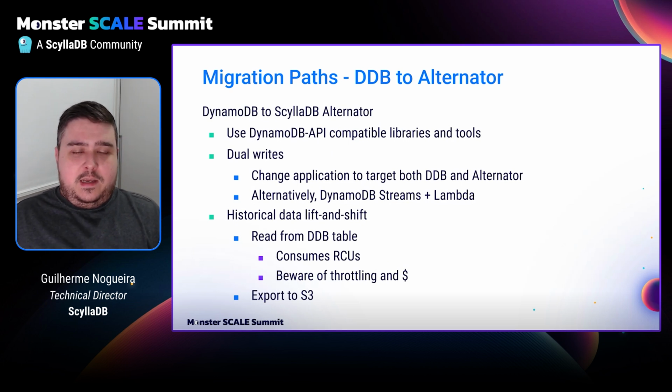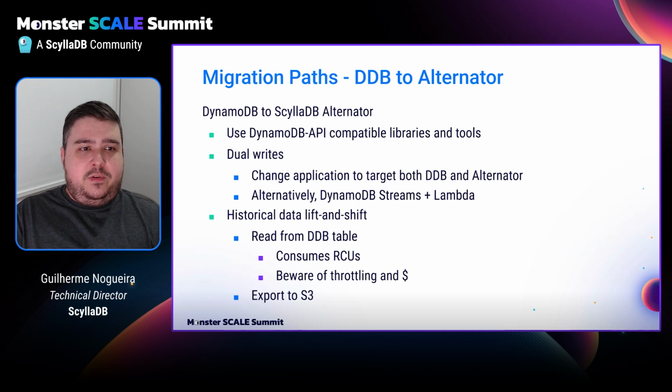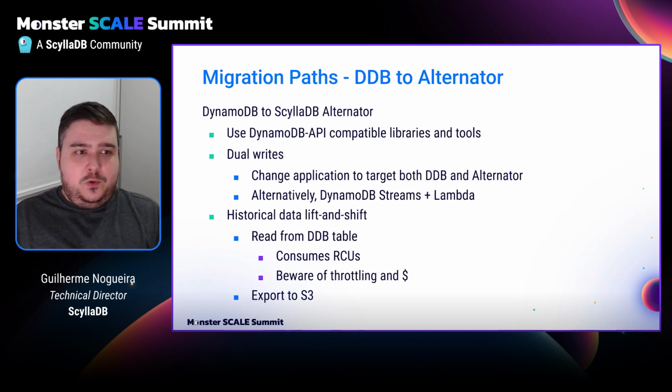In this case, you will not need to change your drivers. Everything should be the DynamoDB-compatible API, libraries, tooling, etc. You would enable dual writes, meaning that your application should configure two instances of the connection, one of them going to AWS Dynamo and another one to the Alternator cluster.